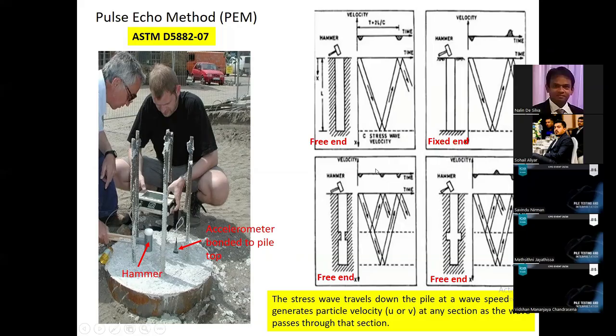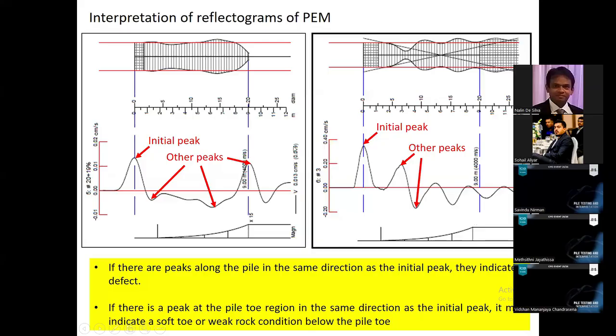So if I apply this to real records, these are the reflectograms obtained from the pulse echo method, real test data. If you have a pile with a cross section like this, this is the initial peak, and these are the other peaks. You have to look at the direction of the initial peak. It's on the positive side in this case, and for the reflected wave, you can see these peaks have a direction opposite to the direction of the initial peak.